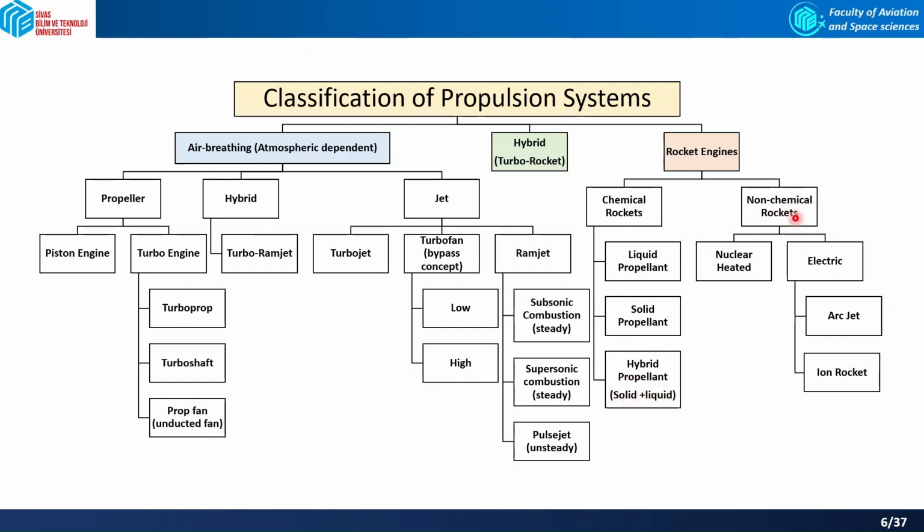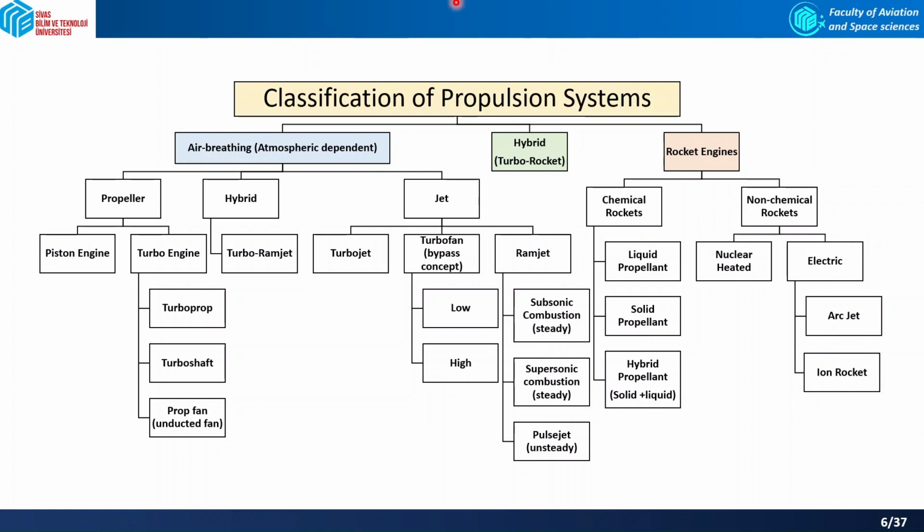And the non-chemical ones are the ones that are not using chemical propellants. We have the nuclear heated rockets and electric rockets. And in electric rockets, we have arc jet and ion rockets.